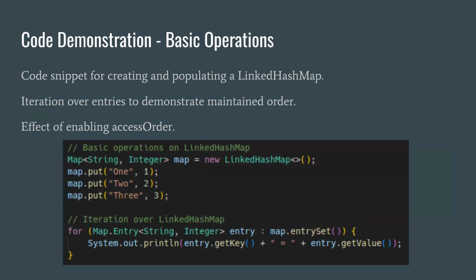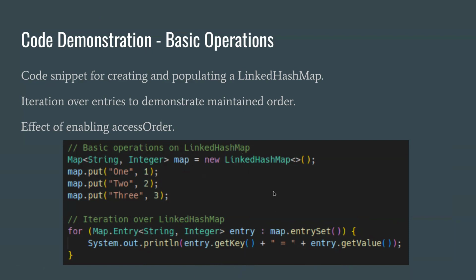Code demonstration, basic operation. You can see that you can create a LinkedHashMap and add entries by calling the put method, and also take a look at how iteration over the map entries will display items in the order they were added unless access order is specified.